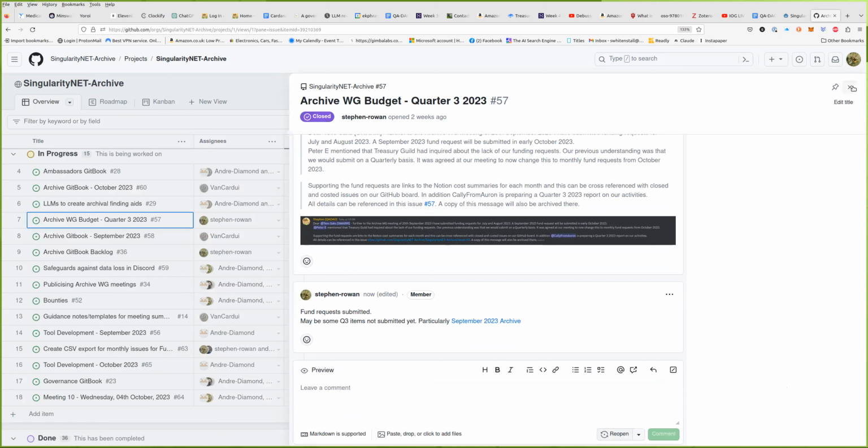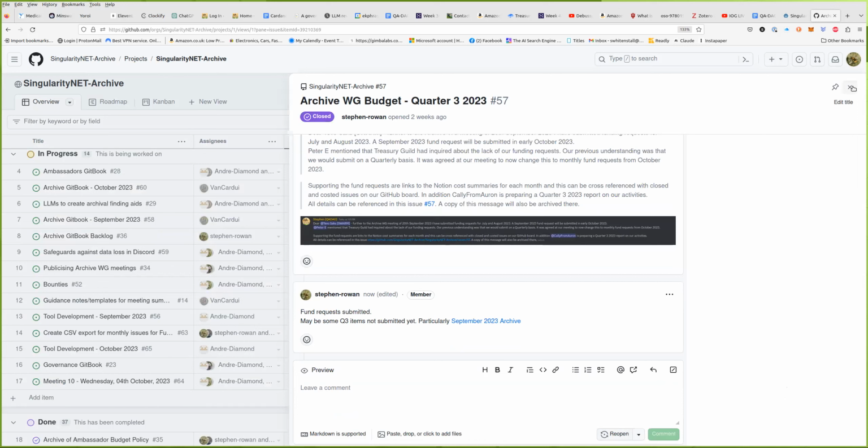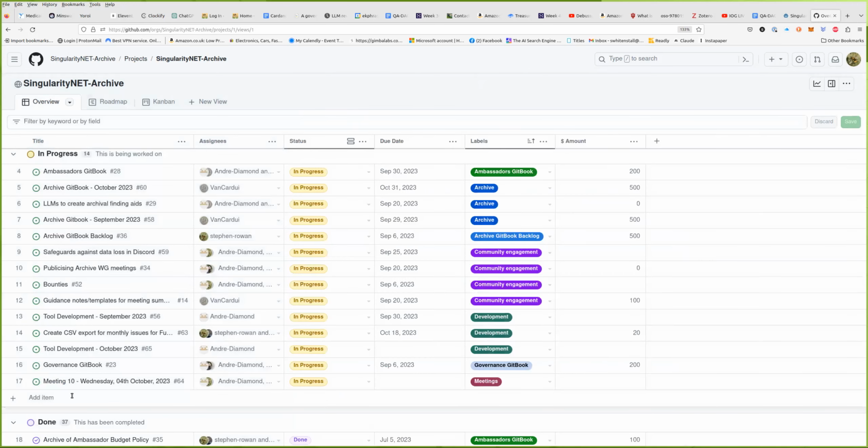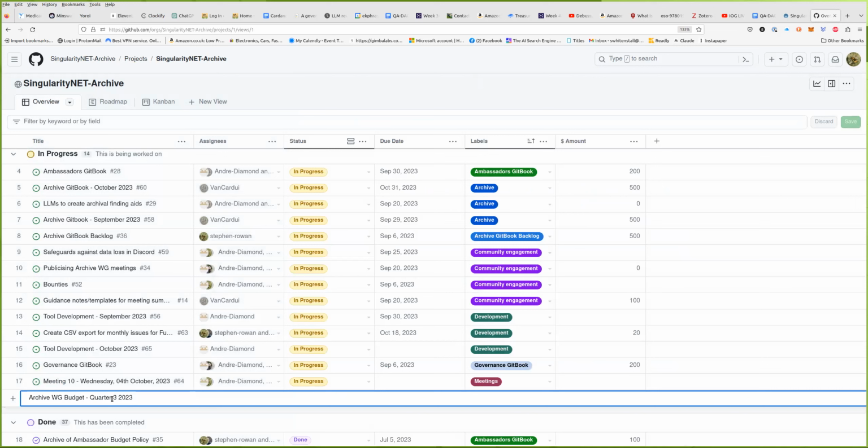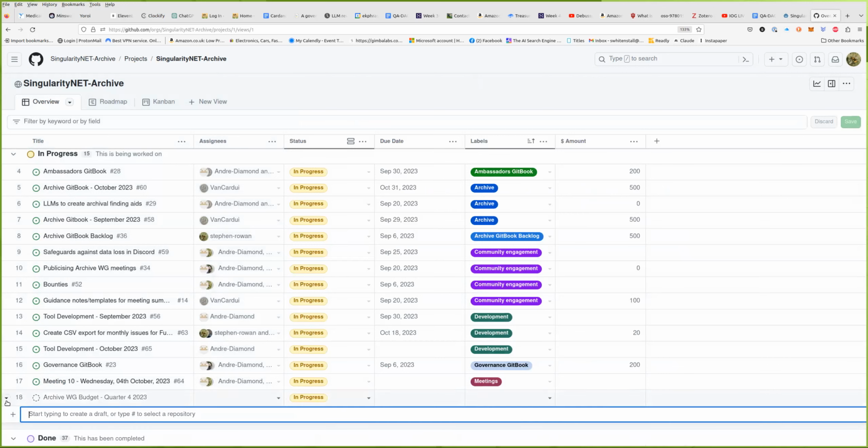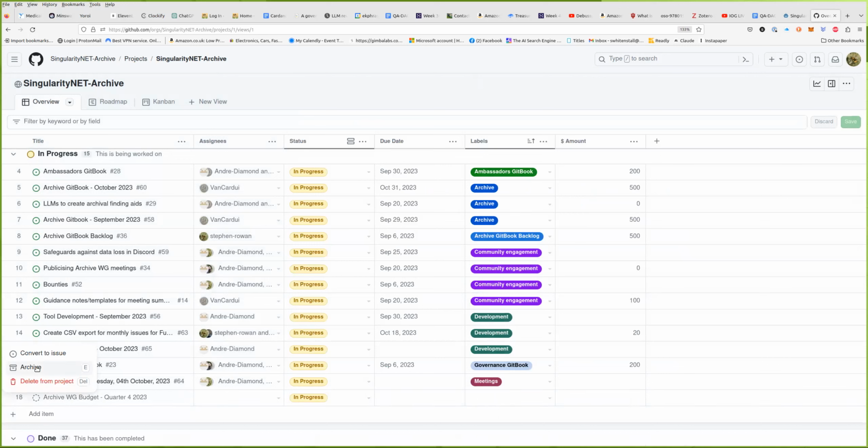So we can reopen another issue for Q4. I was going to say, do we need to create a Q4 issue? Well, we could. That might be a good idea, actually, thinking about it. Yeah, I'll do that now, for Q4, and then we can have a placeholder for discussions around that. We'll put that in there, and we'll allocate this to all of us.